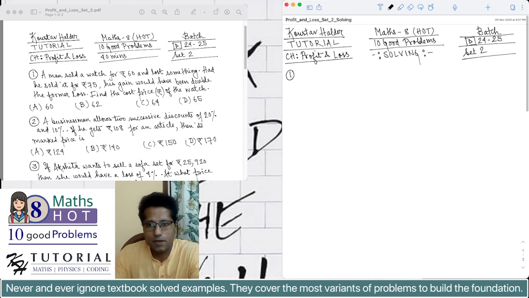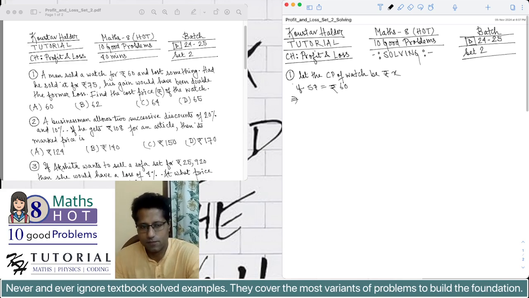The problem is asking to find the cost price of the watch, so let the cost price of the watch be rupees x. Now, a man sold a watch for rupees 60 and lost something. So if SP is equal to rupees 60, it is given that the man sold the watch for rupees 60 and there was a loss.